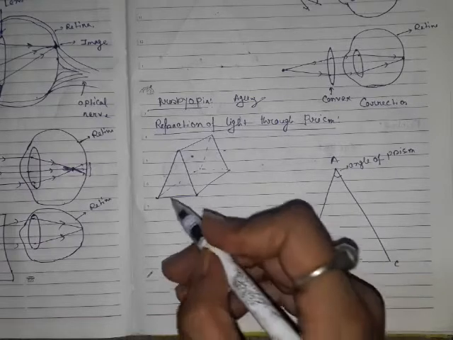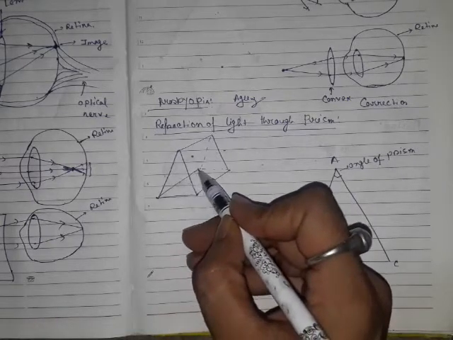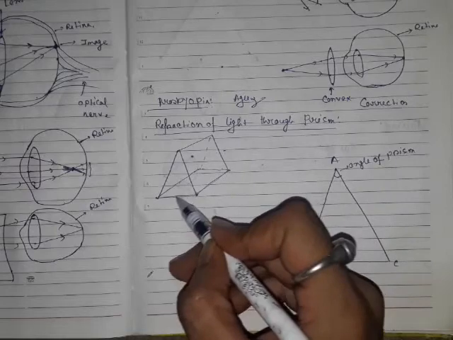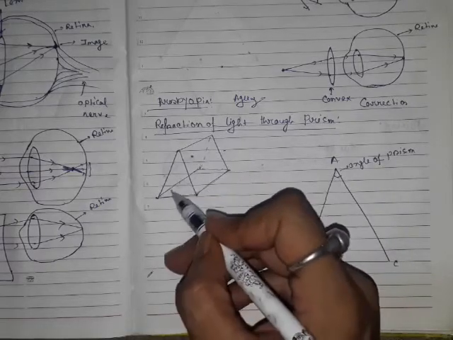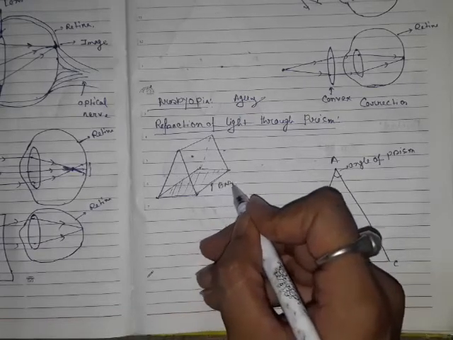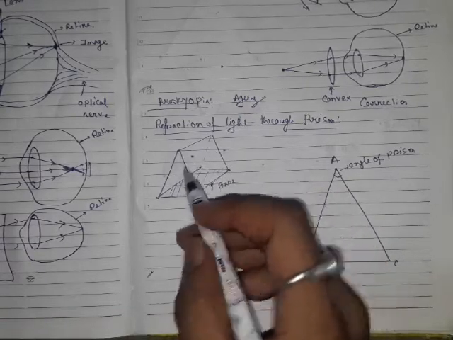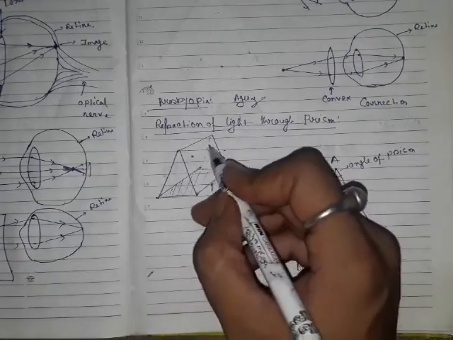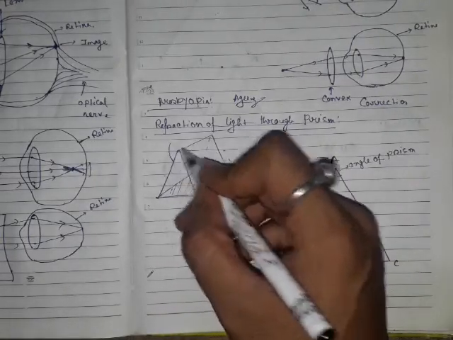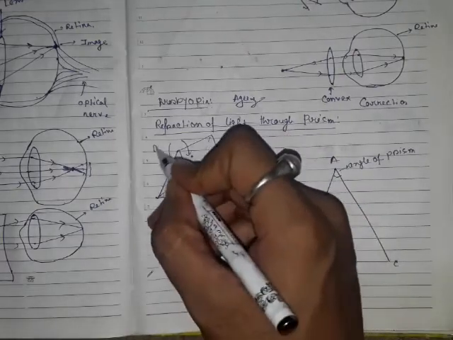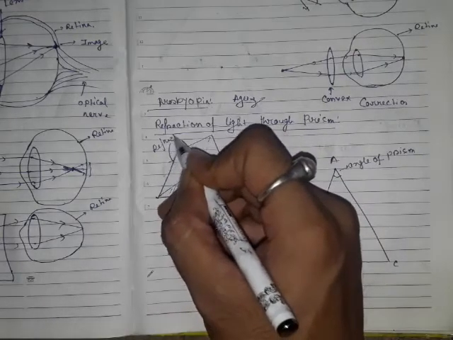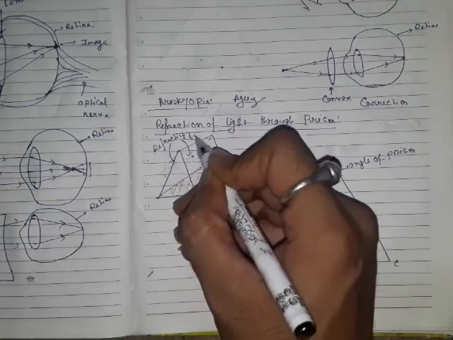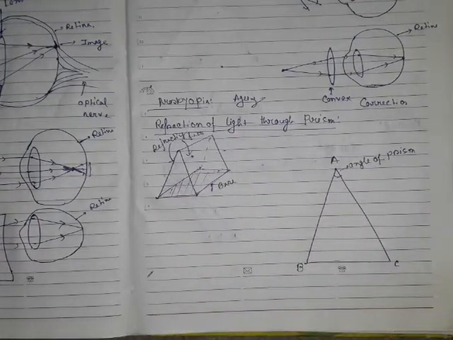The surface on which the prism is placed on the ground is called the base. The other two rectangular sides are called the refracting faces.